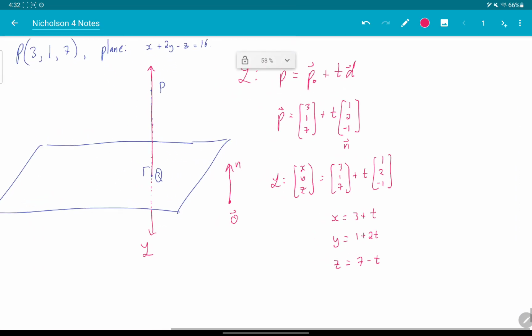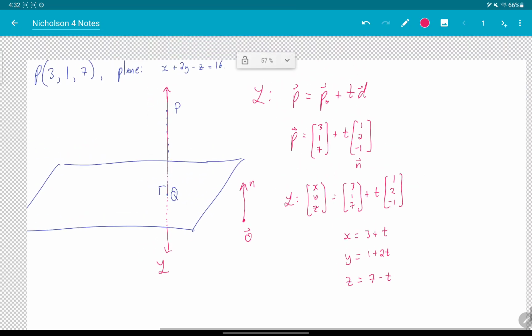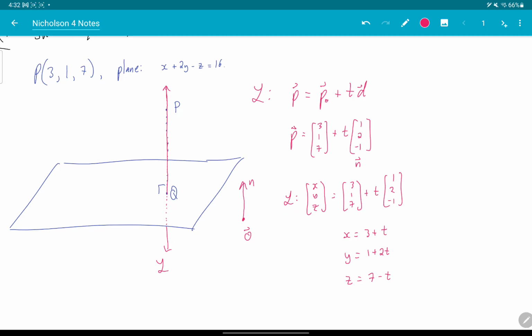So if I'm looking for a point that's on this line and on this plane, what I can do to find that is just take x, y, and z and plug it into the plane to figure out what must be true for this point I'm looking for.